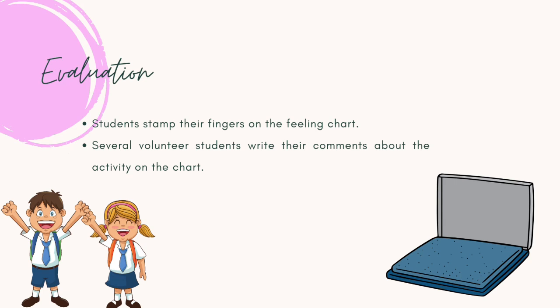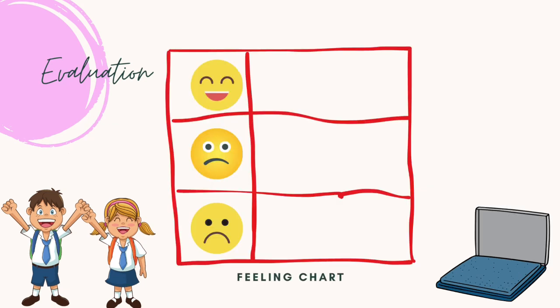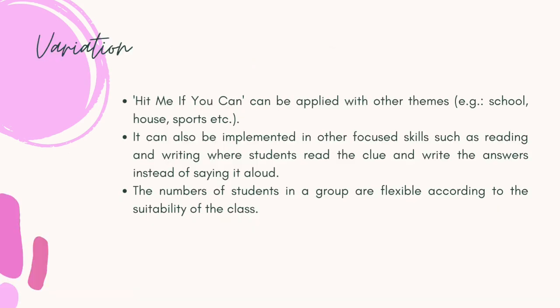Next, several volunteer students will write their comments about the activity on the chart. This is an example of the feeling chart. After stamping their fingers on the stamp pad, they need to choose their feelings, and some of them will write their comments about the activity on the chart.